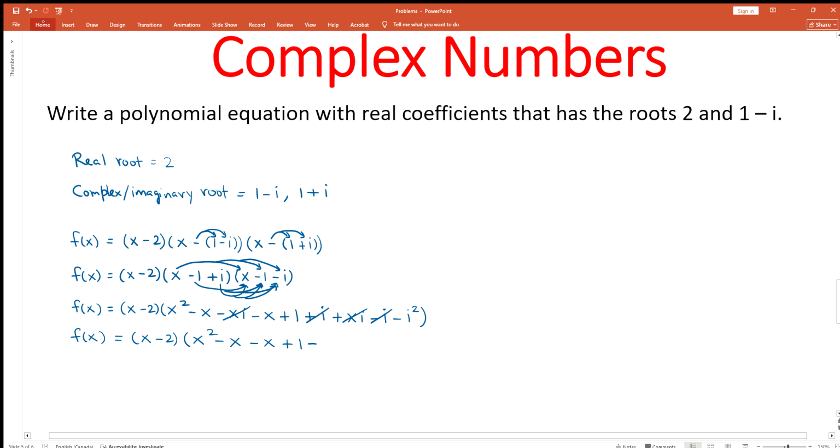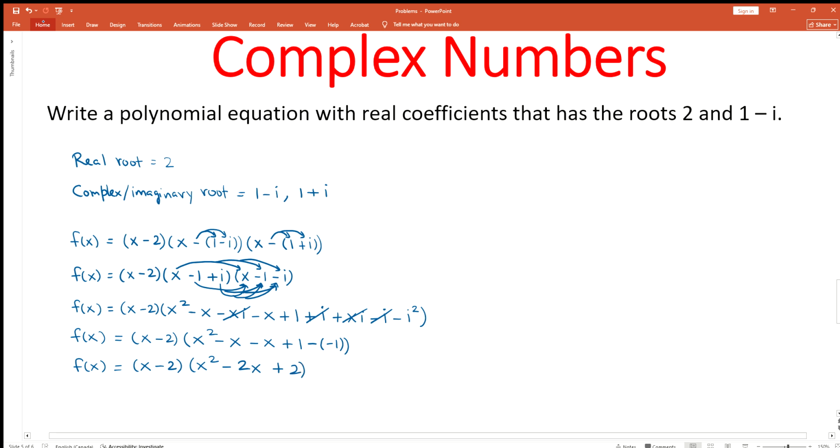So we can replace i squared with negative 1. Negative x minus x is equal to minus 2x. 1 minus negative 1 is equivalent to 1 plus 1, which is equal to 2.